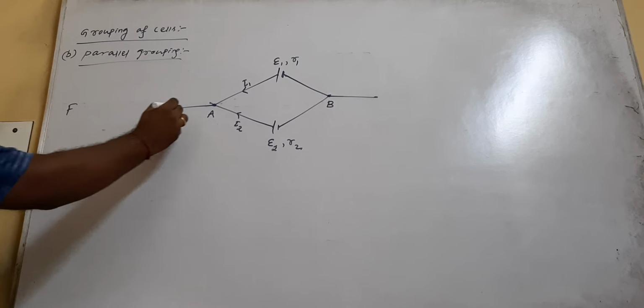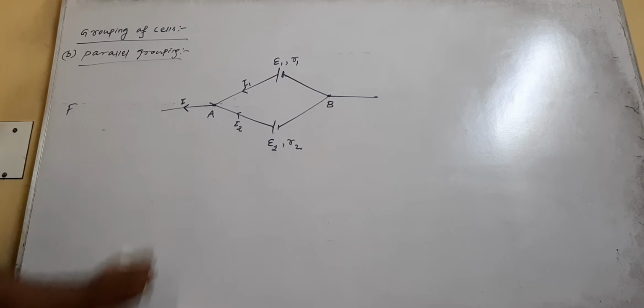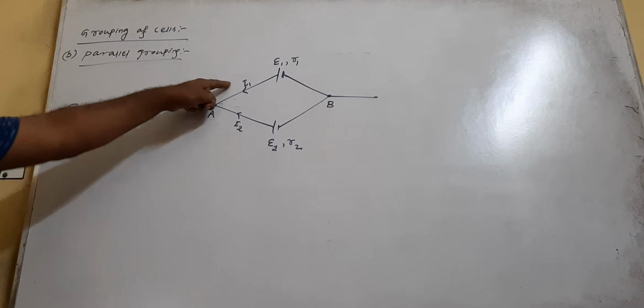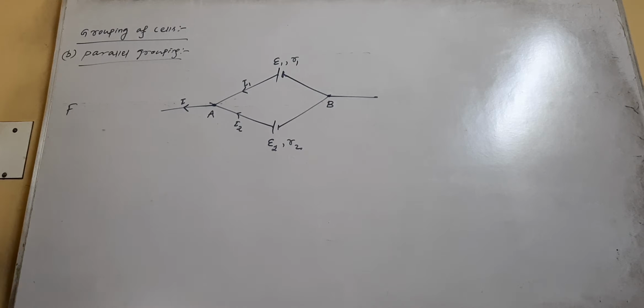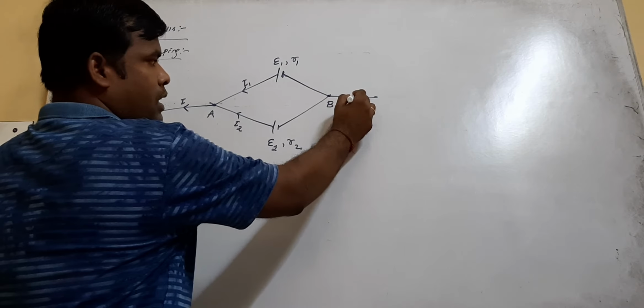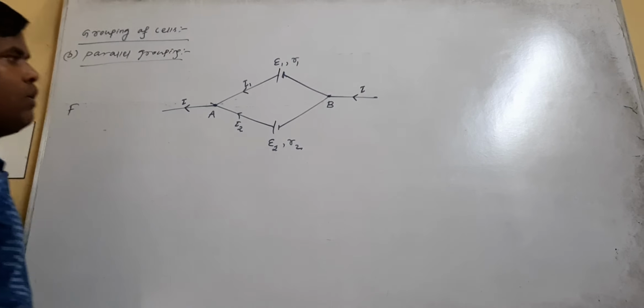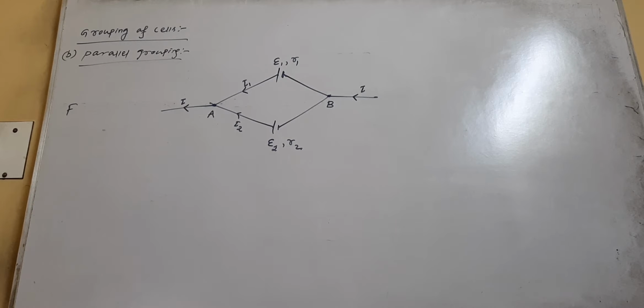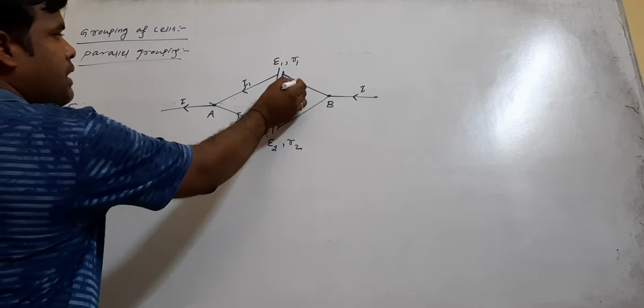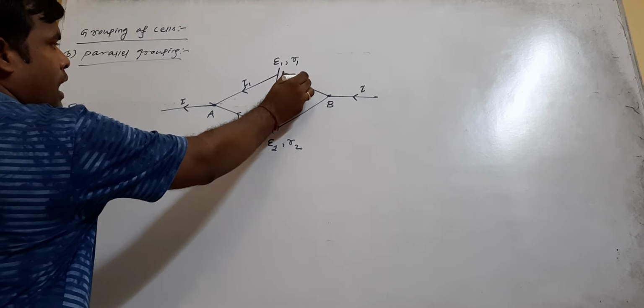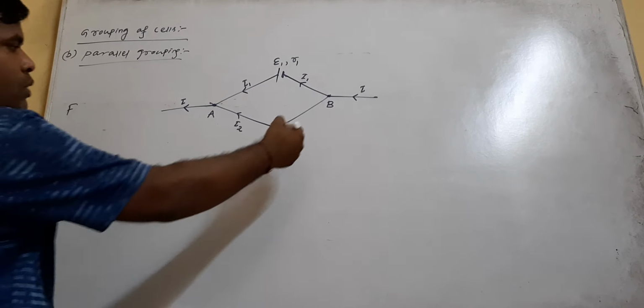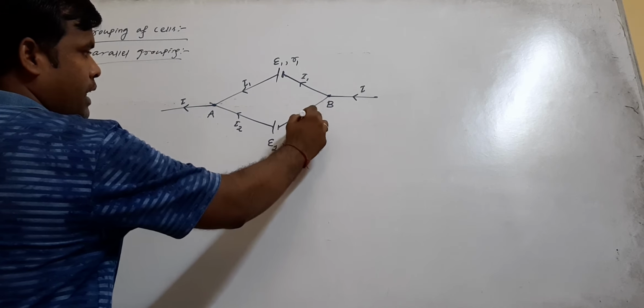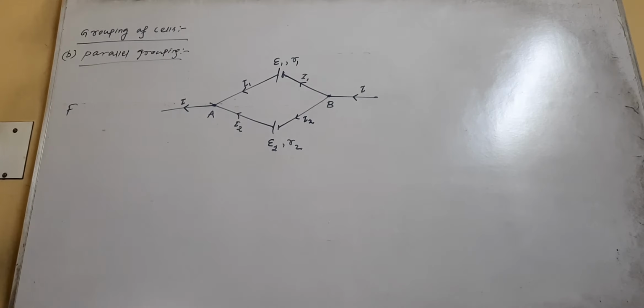So what is the net current? That is I. I is equal to I1 plus I2. The same I current will be going to the junction B, and to the first cell the current I1 will go, and to the second cell the current I2 will go.